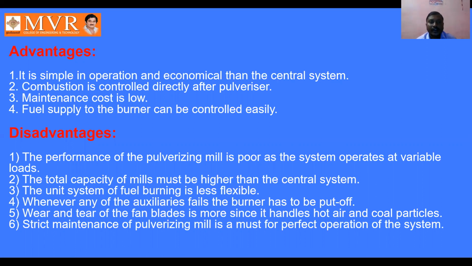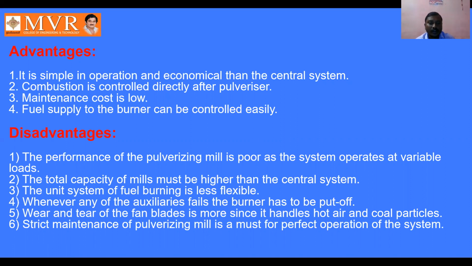Combustion is controlled directly after pulverizing. Combustion can be controlled after pulverizing the coal in the pulverizing mill. Maintenance cost is also low in the unit system. And fuel supply to the burner can be controlled easily. The fuel which is used for the combustion process, we can control it easily.